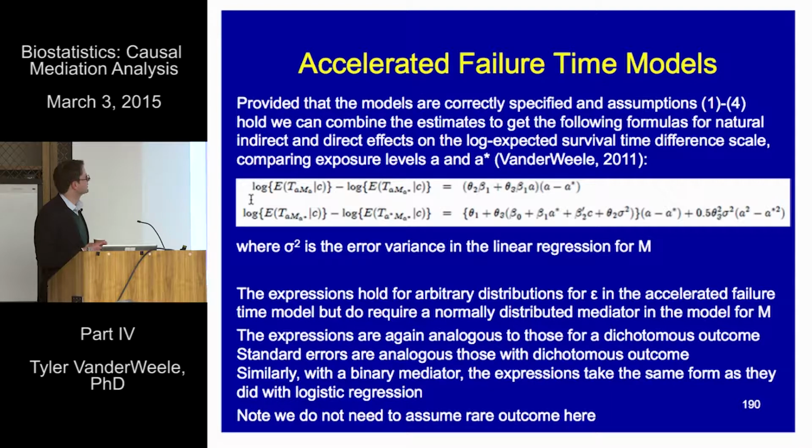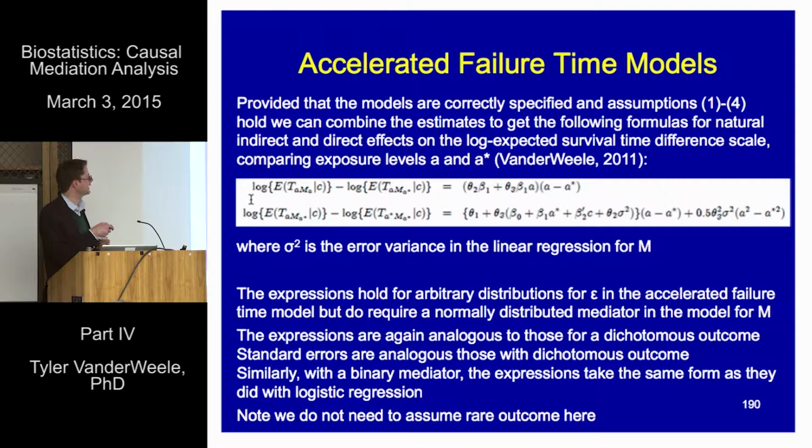Provided the models are correctly specified and our confounding assumptions hold, we can combine the estimates to obtain natural indirect effects and natural direct effects on the log difference in expected survival time scale.